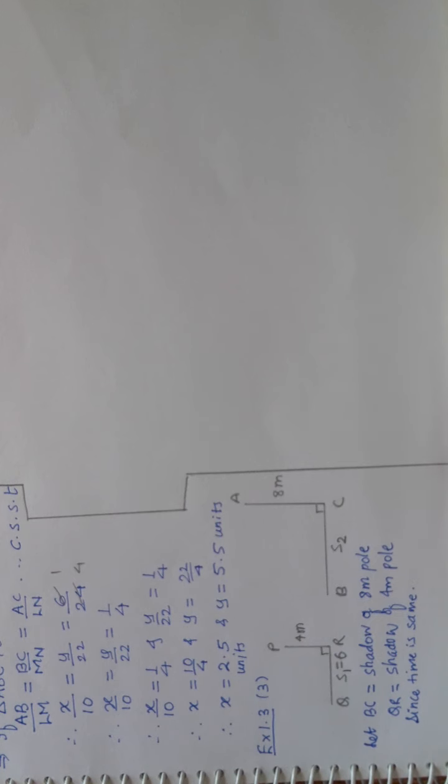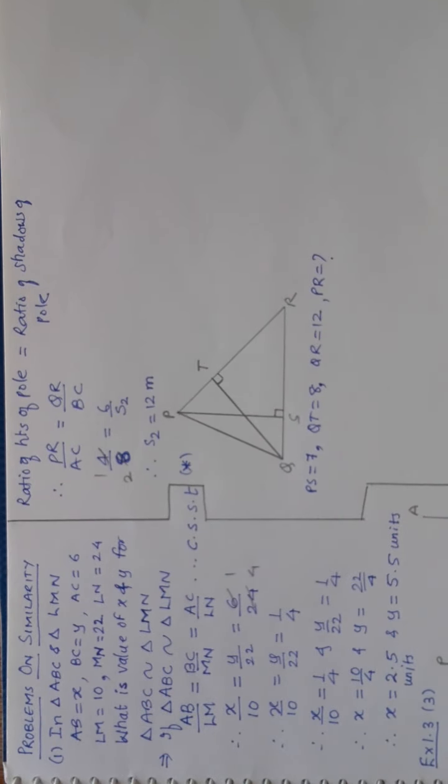So what I get here is 4 is to 8 is equal to 6 is to S2. So solving, I will get here S2 is equal to 12 meters. So whatever I spoke, I have written already over here. That is, the ratio of heights of poles is equal to the ratio of shadows of poles.